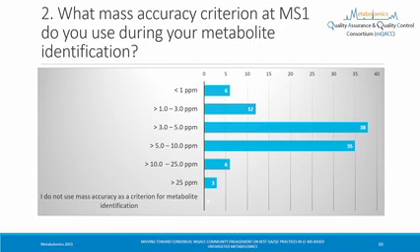Some researchers are using 5 to 10 ppm as well. There are not many groups using over 10 ppm. So the majority of the community are using 10 ppm or less, and a lot of those are using 5 ppm or less. So that's interesting to know for the criteria that we should be thinking about using when we're identifying metabolites.